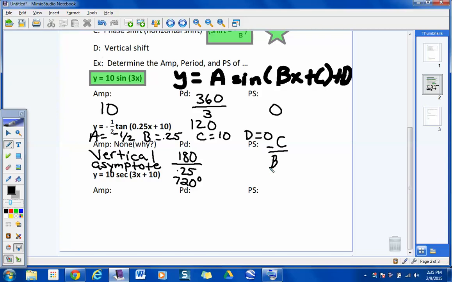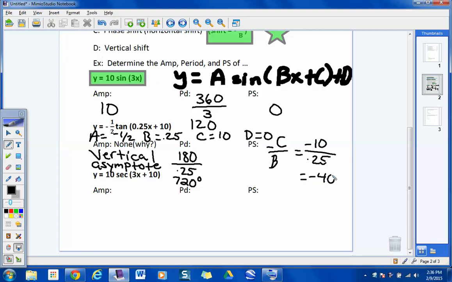Phase shift, opposite of C divided by B. What's your C value up here, gang? 10. So this becomes negative what first? Negative 10 over your B value of 0.25, right? What is that? Negative 40? Okay.